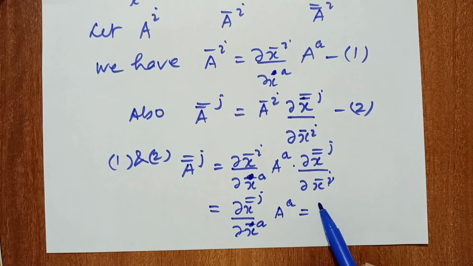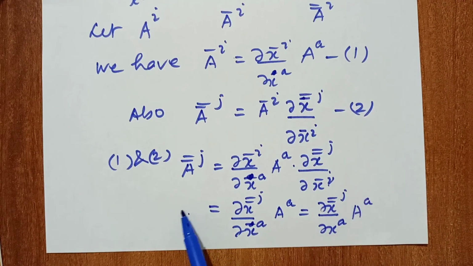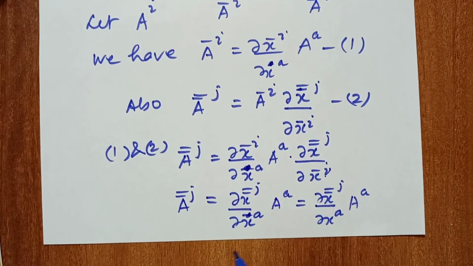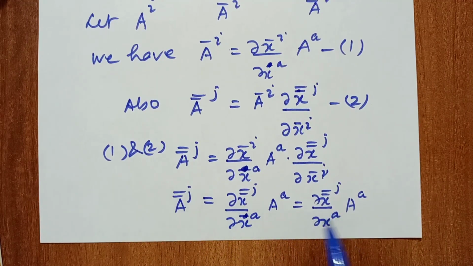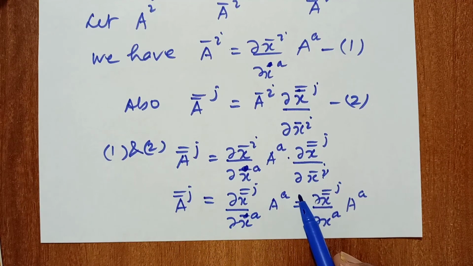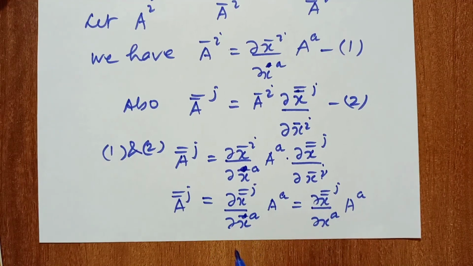So this is equal to ∂x̿ʲ upon ∂xᵃ aᵃ. This is a double bar j, the transformation from Vn double bar to non-bar. So this is the property of transitivity. Therefore, the transformation law of contravariant tensor or contravariant vector possesses the transitive property, and it is proved.